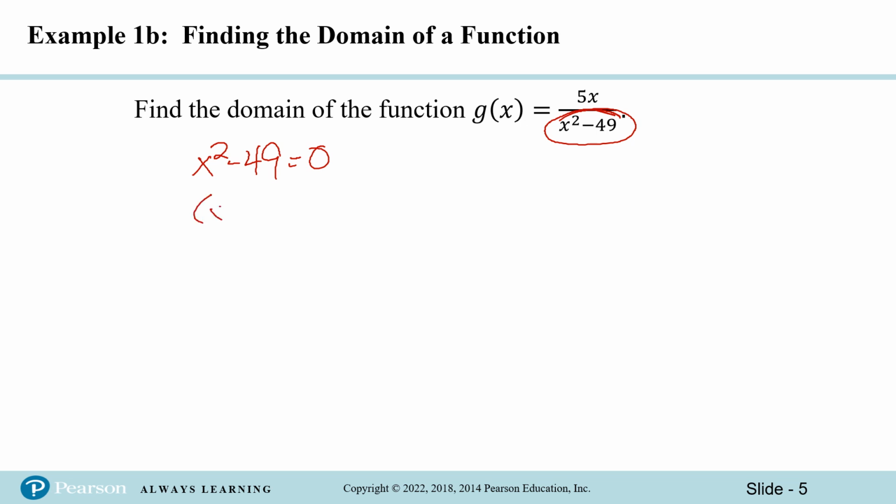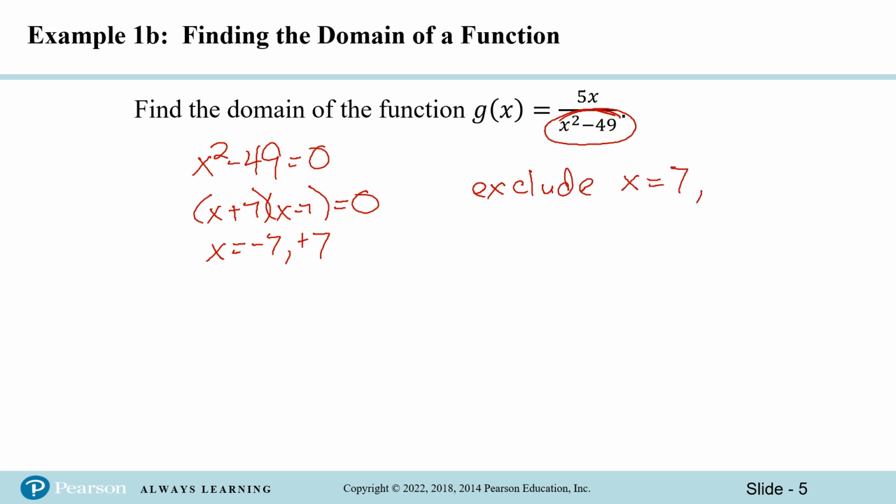We could solve it by factoring this as a difference of squares, or we could use the square root property. Either way, we end up with positive 7 and negative 7. Now that will give us a 0 in the denominator. So we have to exclude x equals 7, x equals negative 7.